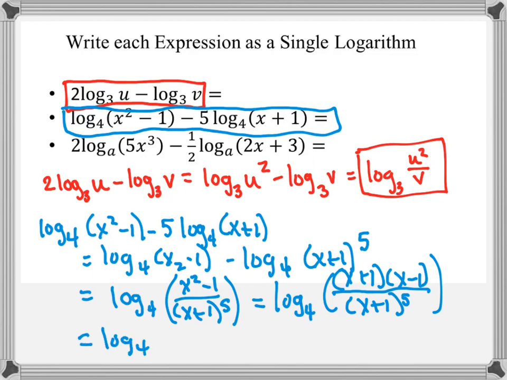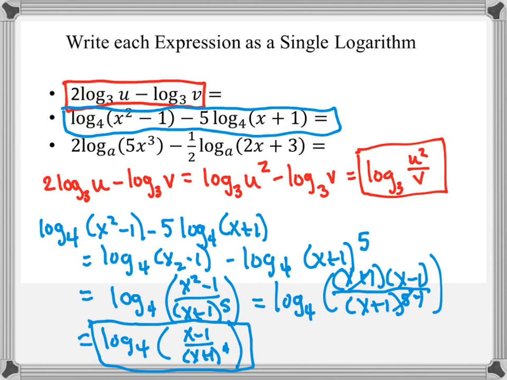But now I will be able to cancel out x plus 1's so that it cancels out of the numerator and gets replaced by a 1. And my exponent in the denominator becomes a 4. So I'm left with log base 4 of x minus 1 over x plus 1 raised to the 4th. And that is my single logarithm.